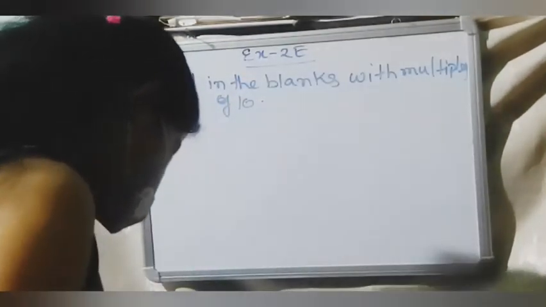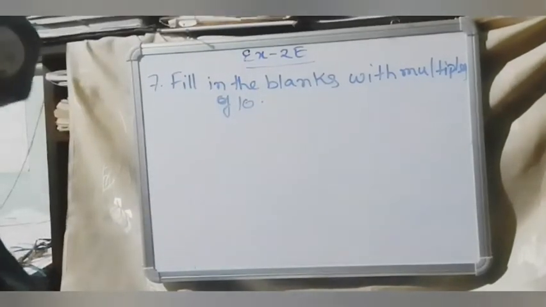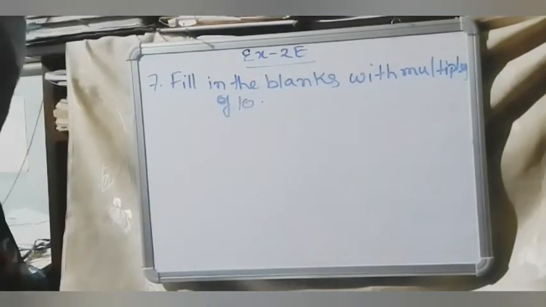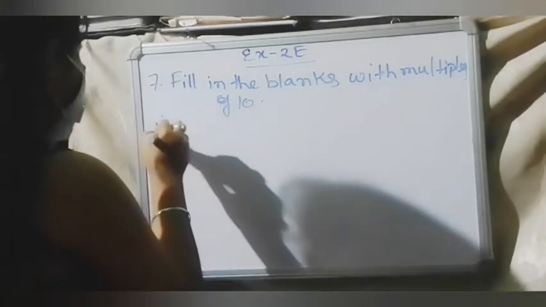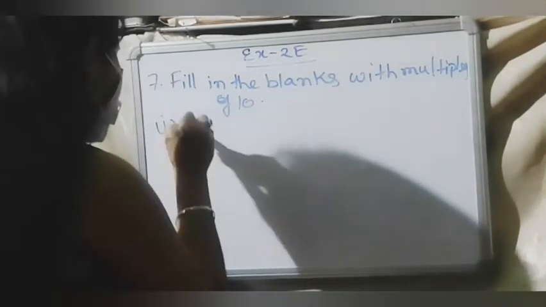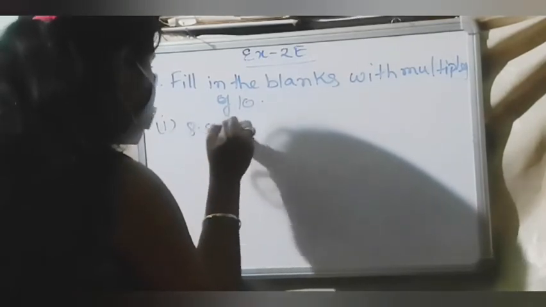Class, this question's answer is maybe directly given in the book at the back side in the answers, but I want you to understand the concept, what is the secret behind this answer.